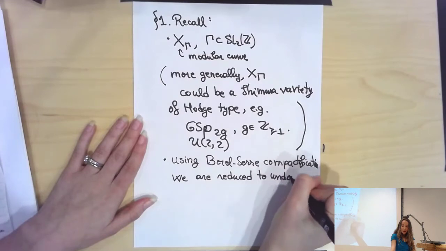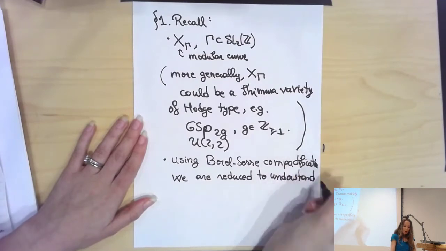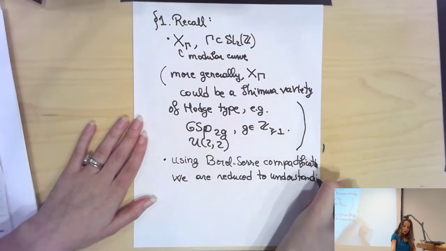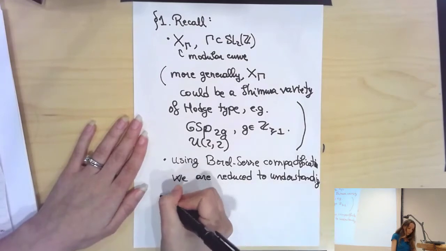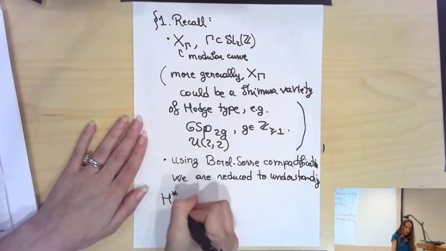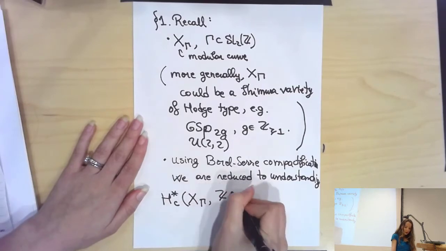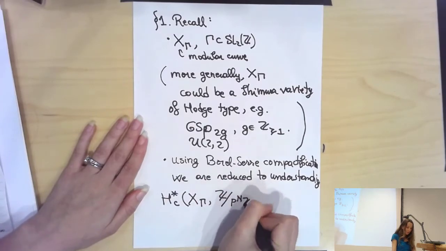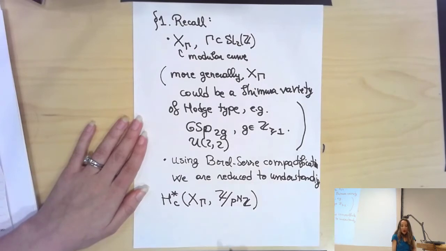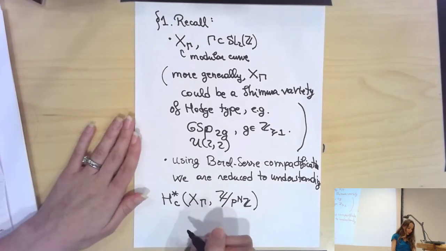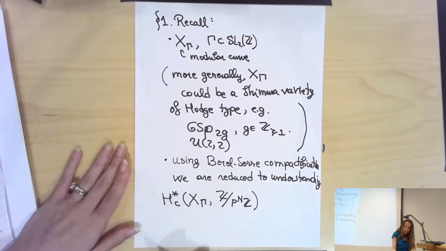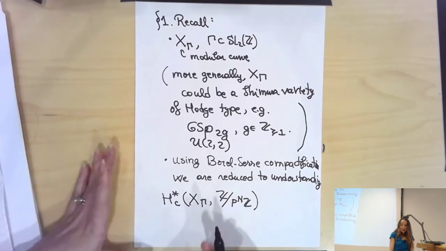And so what we have to understand is the cohomology of the Shimura variety, say compactly supported, because we had Poincaré duality, and with coefficients in Z mod p^n Z for some integer n.